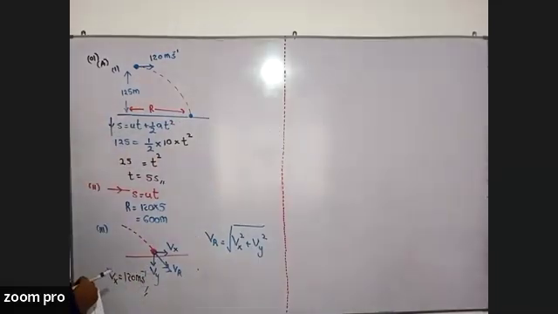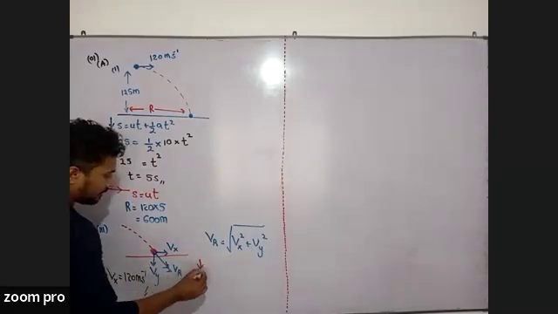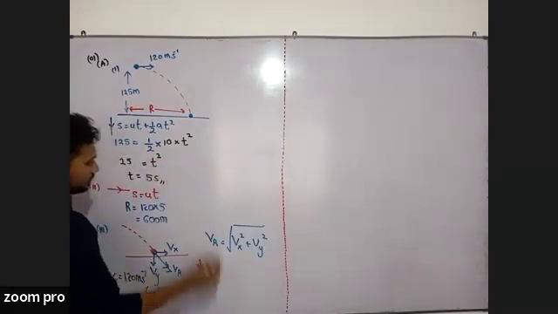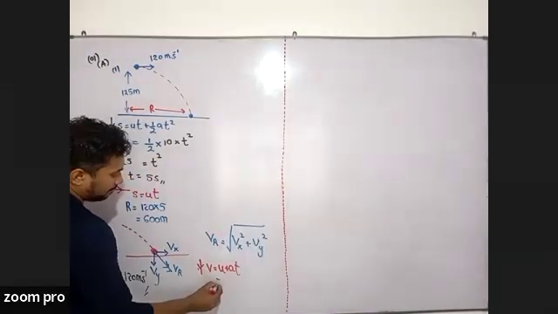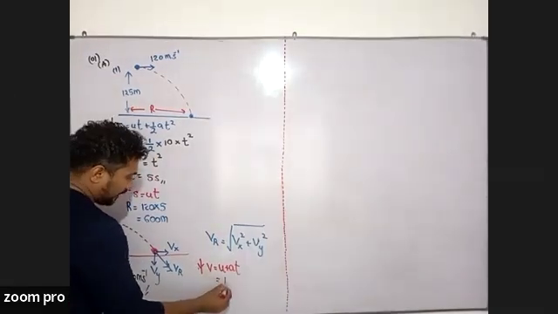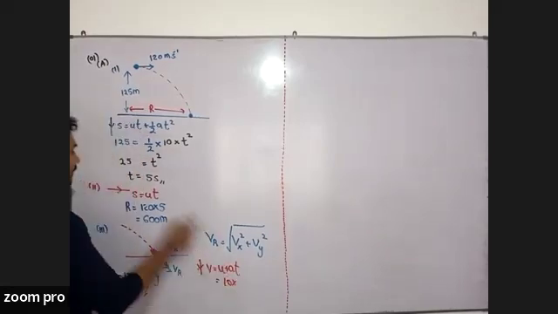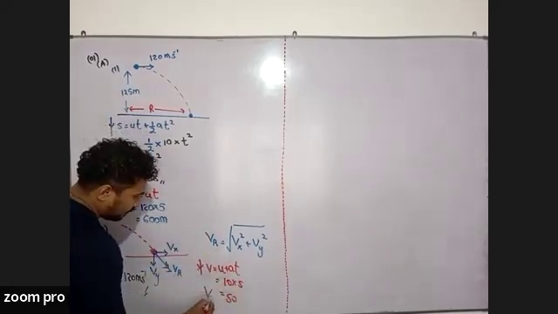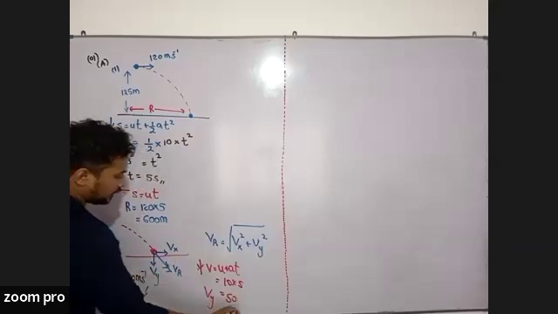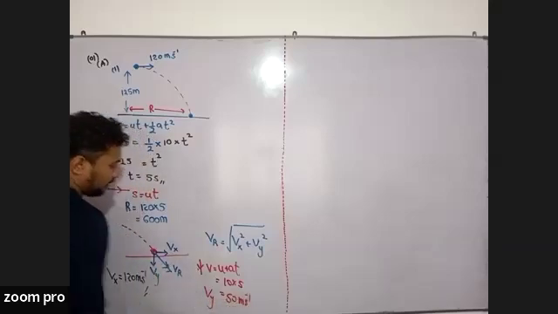To obtain the Vy, I'm going to apply an equation vertically downwards. Now we know the time, so let's apply v = u + at. Then u is equal to 0, a is 10, t is equal to 5. So the vertical velocity at this point is equal to 50.